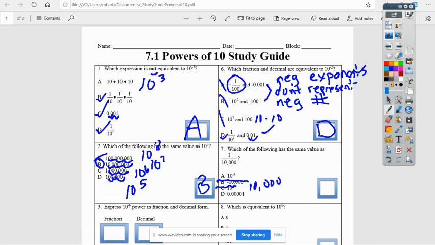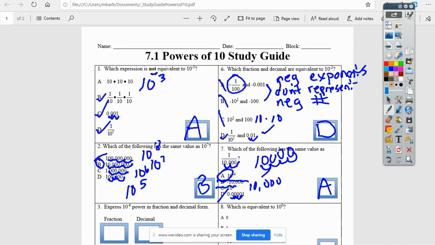It's positive, so it can't be C. So it has to be A or D. Let's go with D first. I know it's got to be over 4 spots: 1, 2, 3, 4. It's not going after the first natural number, so it can't be D. And if it's 10 to the negative 4th, it would be 1 over 10,000. So it is A. So it would work out.